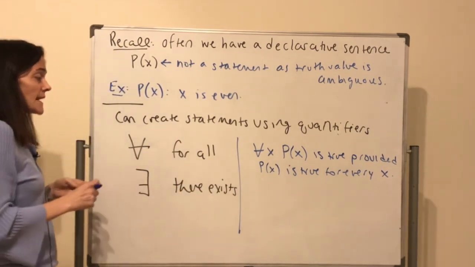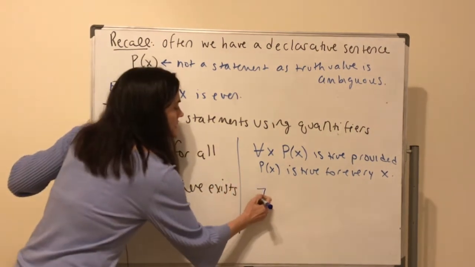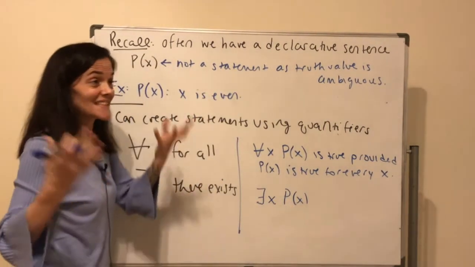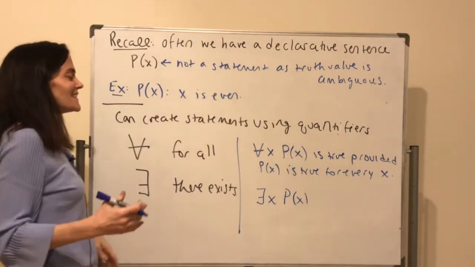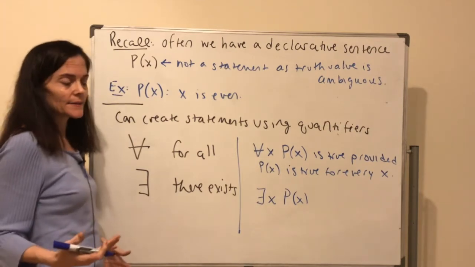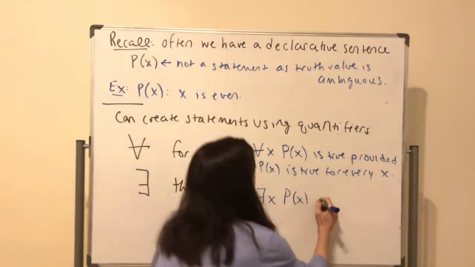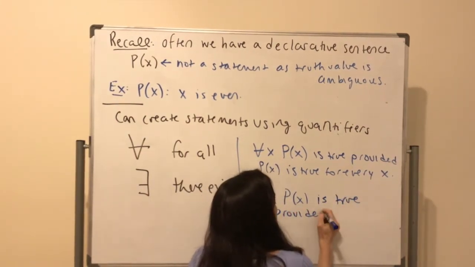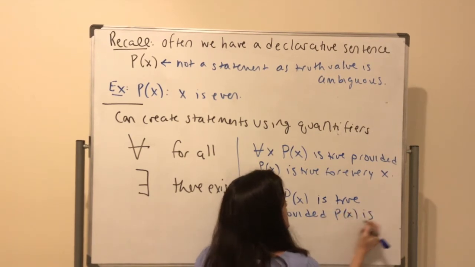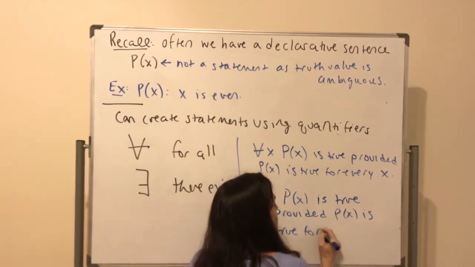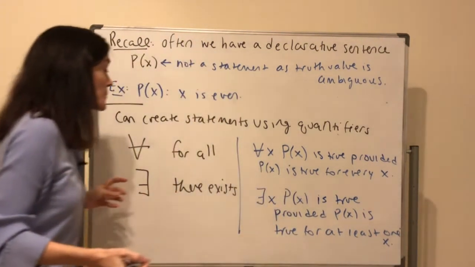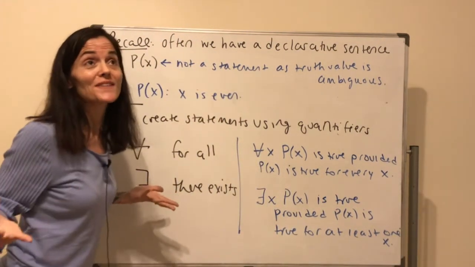Now, this one, there exists X, P of X. Again, you're working with integers or X in some set. This is true provided P of X is true for at least one X.